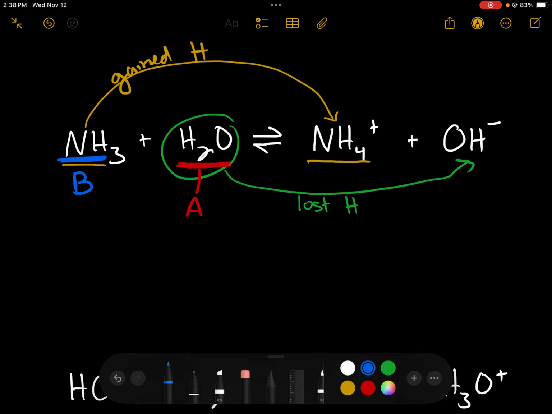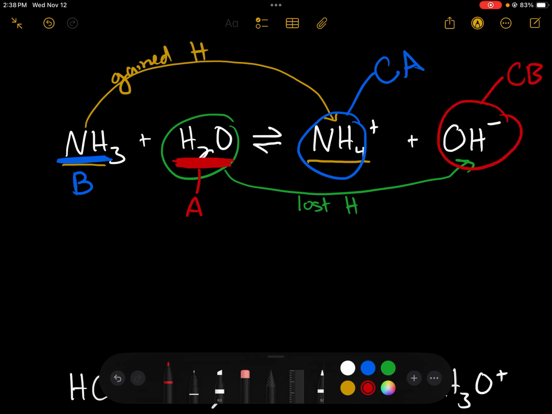Now, we know that our conjugates are defined as what our acid and our base turn into after that process has completed. So NH3 gains a hydrogen, which means it's going to turn into the conjugate acid. H2O lost a hydrogen, which means it turns into a conjugate base.